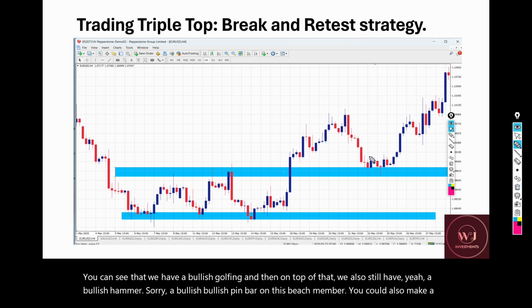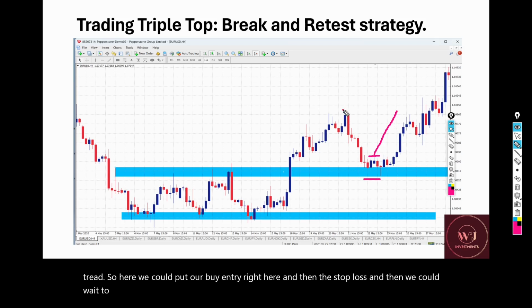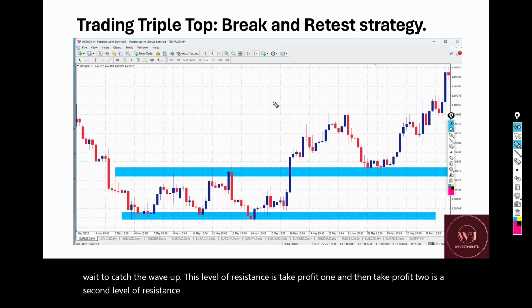So here we could put our buy entry, and then a stop loss, and then we wait to catch a wave up. This level of resistance is take profit 1, and then take profit 2 is our second level of resistance. So that is how we trade the triple bottom chart pattern. And on this retest, they normally give good trades.